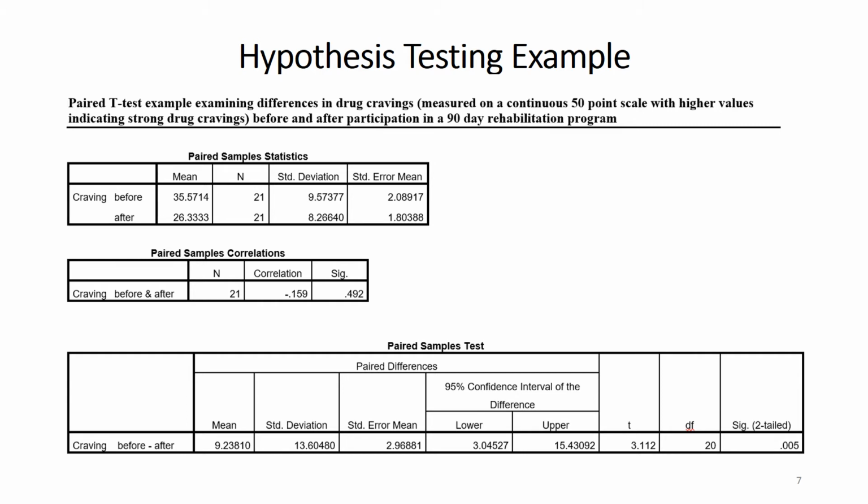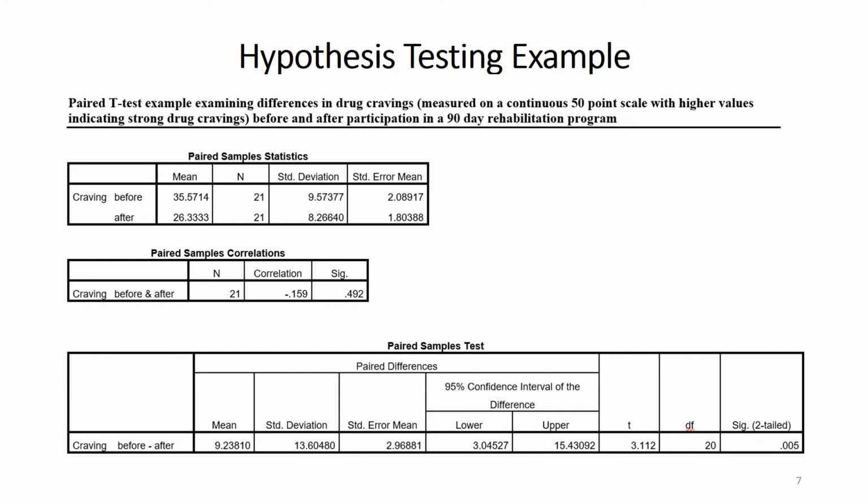That's the before measurement. Then you go through your 90-day rehabilitation program, and we compare your pre-test of drug cravings to a post-test. After you finish the program, we measure your drug cravings again, and then we compare the before measurement to the after measurement.